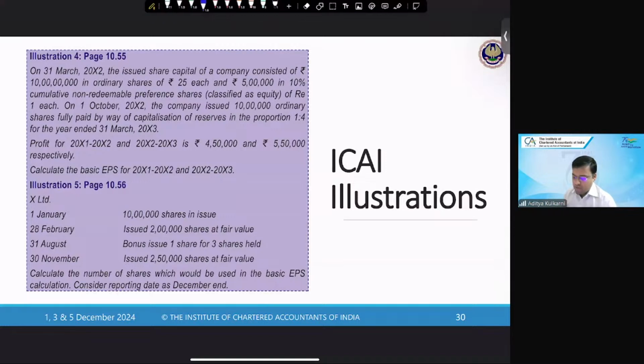On 1st October, the company issued 10 lakh ordinary shares fully paid by way of capitalization of reserves in the proportion 1:4 for the year ended 31st March 20X3. Profit for X1-X2 and X2-X3 is 4 lakh 50 and 5 lakh 50 respectively. Calculate the basic EPS for X1-X2 and X2-X3.